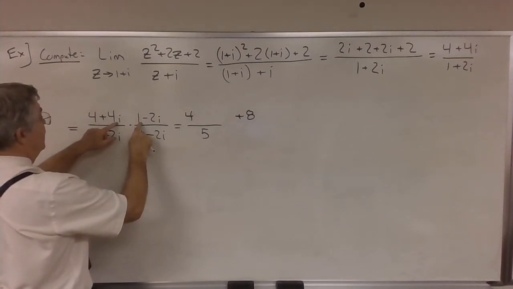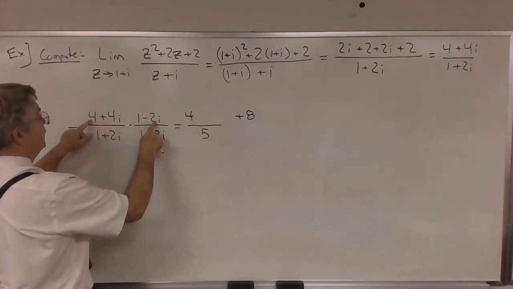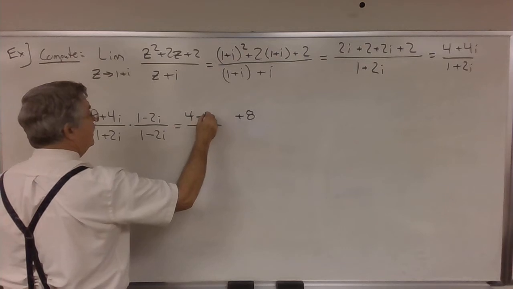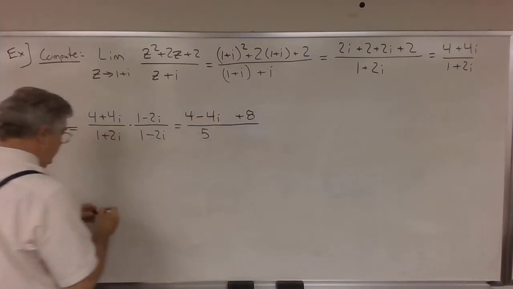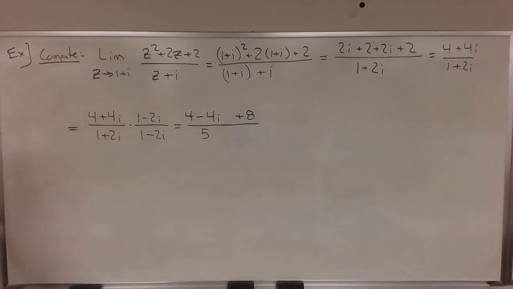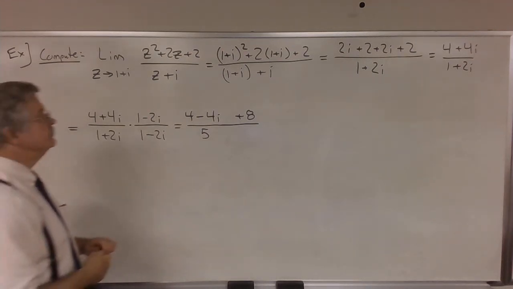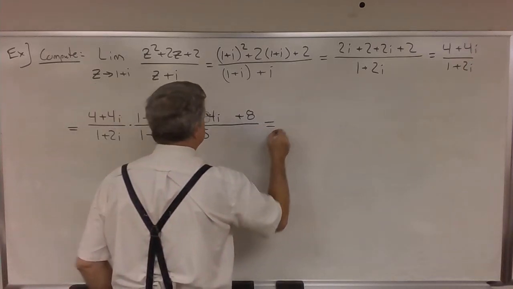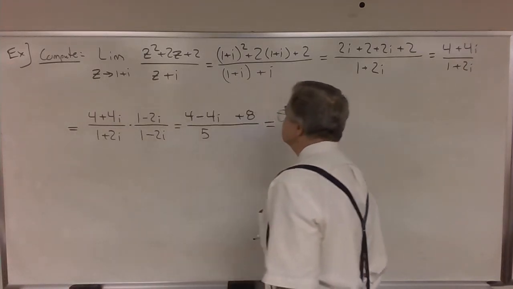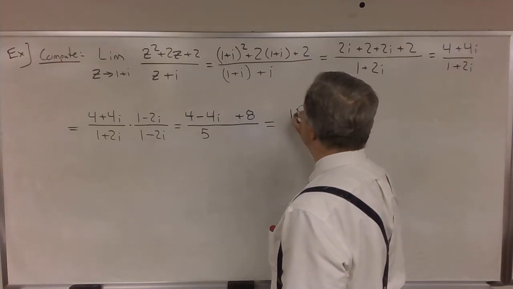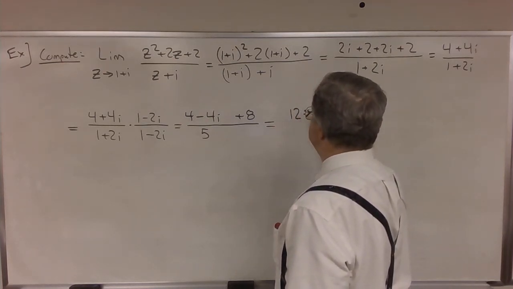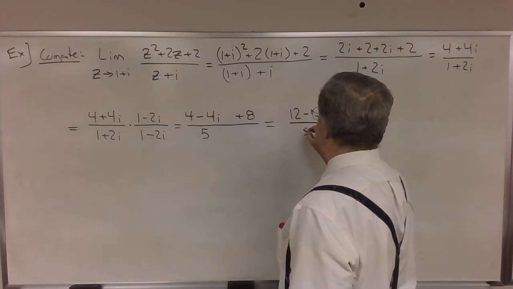And we get 4i minus 8i is negative 4i, I hope. Four plus 8 is 12, minus 4i over 5.